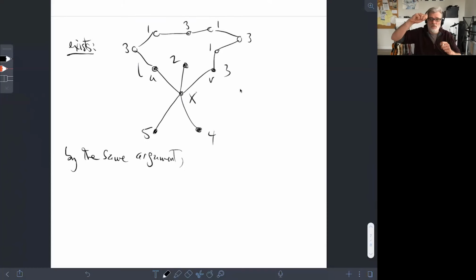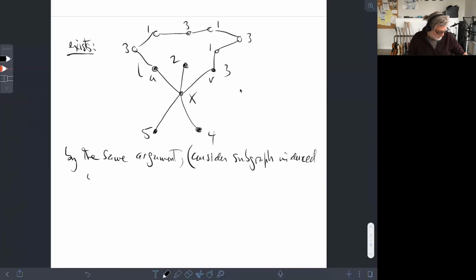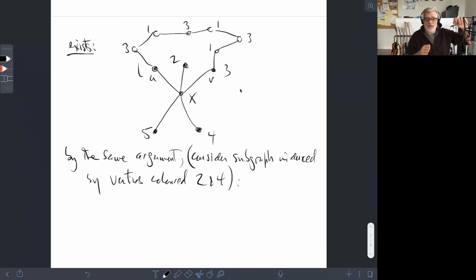By the same argument, consider the subgraph induced by vertices colored 2 and 4. If I look at 2 and 4, if they are not connected in this subgraph, then I could flip the colors, let's say at the vertex colored 2, and I win again. So they must be connected by a path colored 2 and 4.